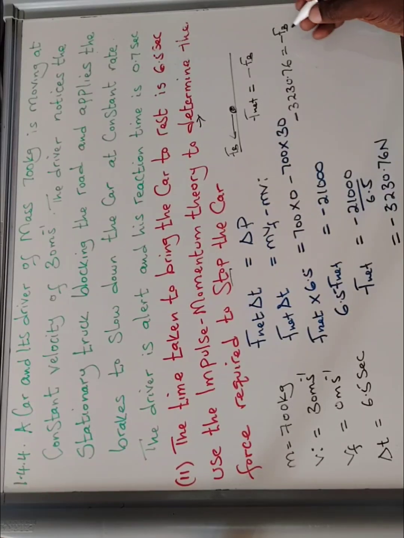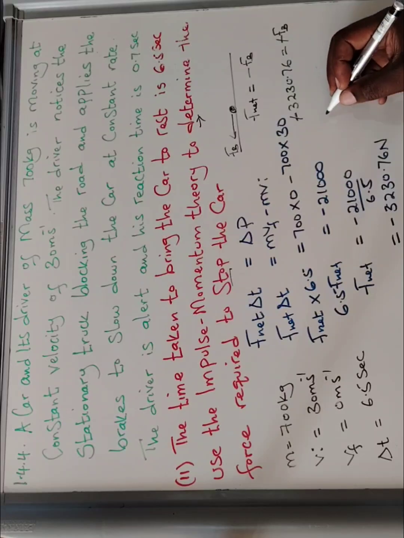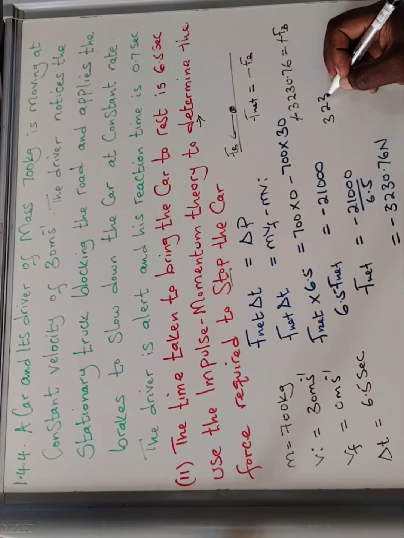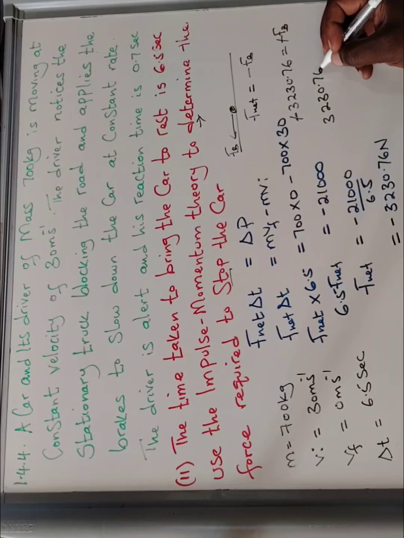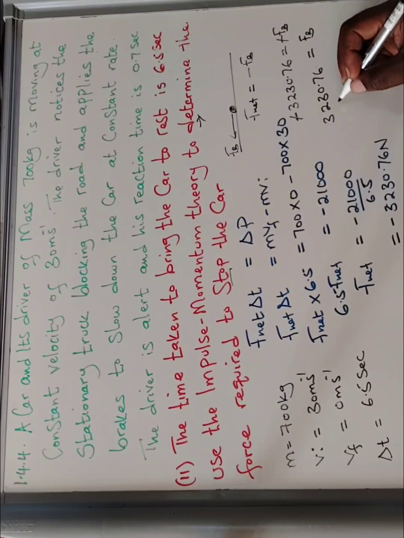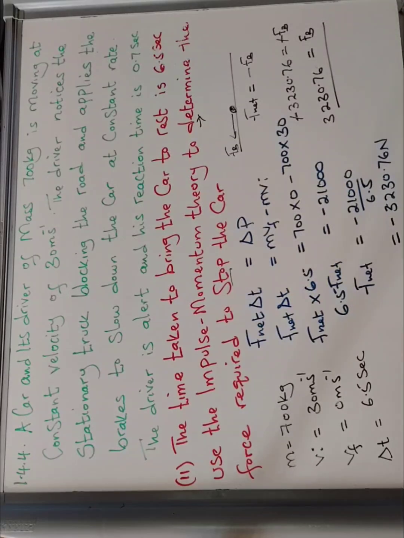And force brake, now we have it. We are going to get 3,230.76 is equal to force brakes. Yes, that's what you are supposed to go through to get that.